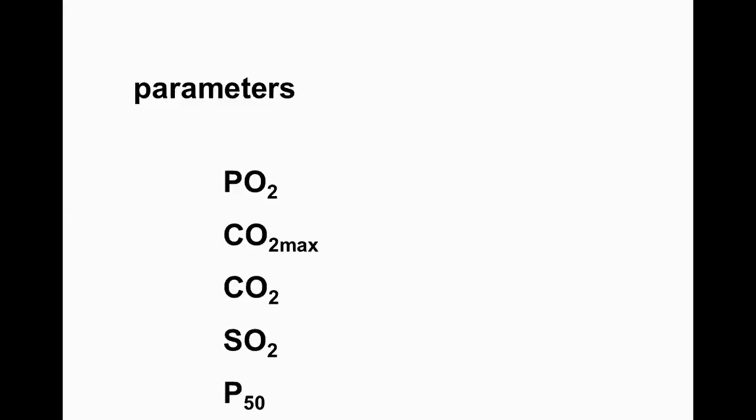Okay? CO2 max is the oxygen content, or maximum oxygen content. What does this mean? It's the maximum content of oxygen with high saturation and maximum hemoglobin. If it has normal hemoglobin and maximum saturation, what is the CO2 max?